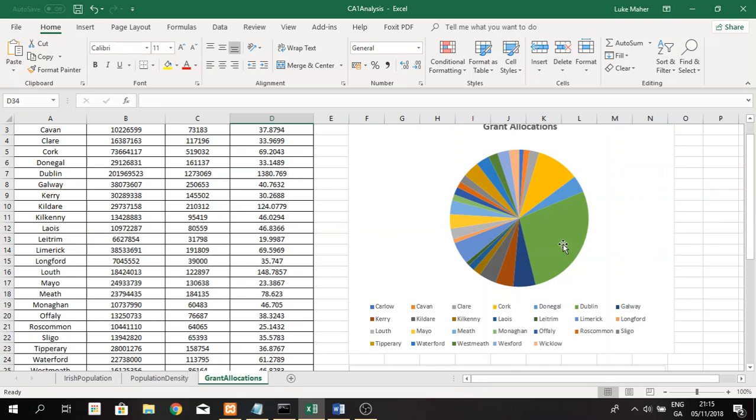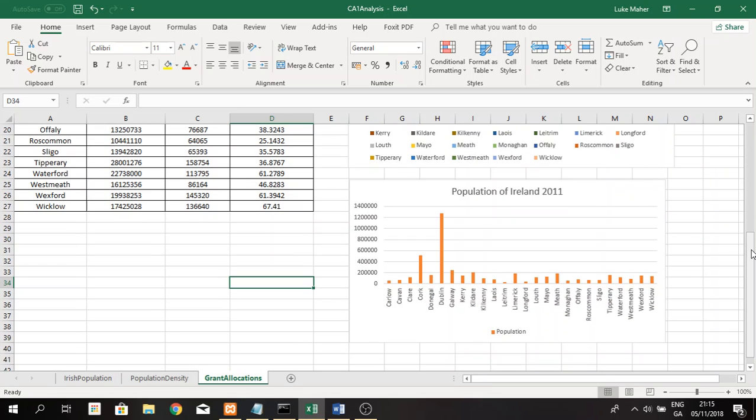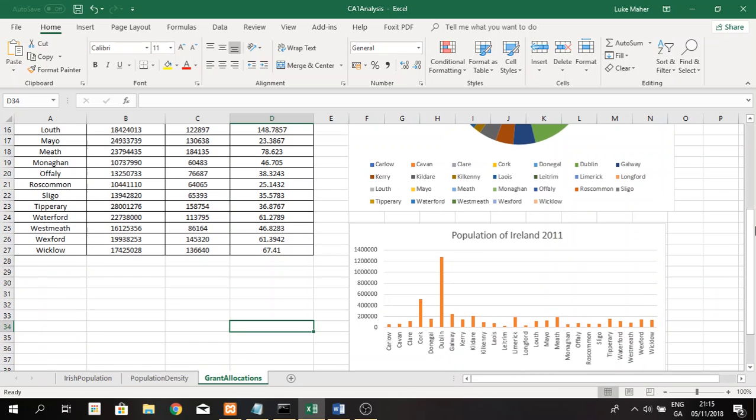You see the big green one here is, of course, Dublin. And you might be saying, why has it been given so much money? And this table here, you can see why, because most of the country is there fairly much. So that's where most of the money obviously is going to go.